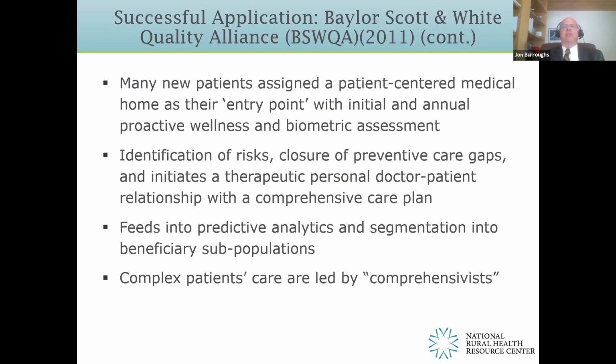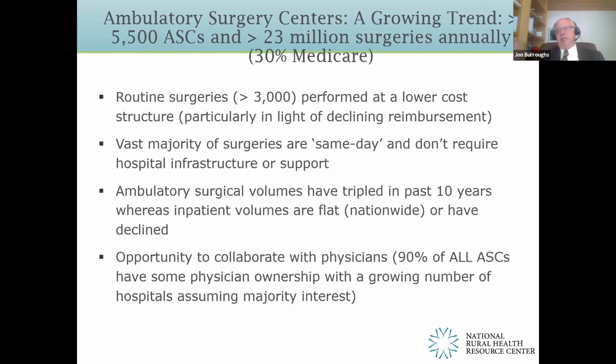Okay, ambulatory surgery centers. Everybody should have ambulatory surgery centers, particularly in a rural area. Why? This is to handle routine surgeries. And I will tell you the great majority of surgeries done in the United States are what I call high volume, low risk.